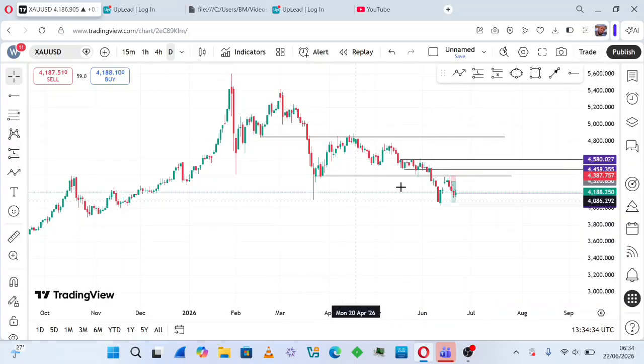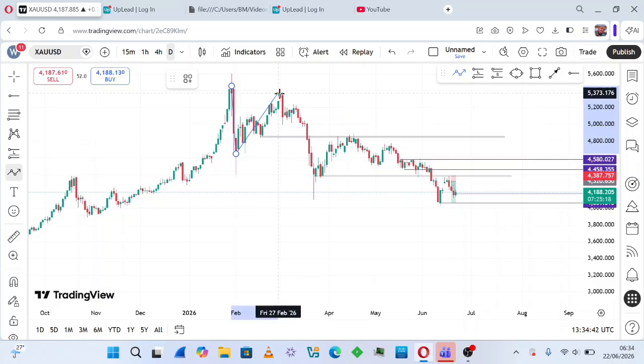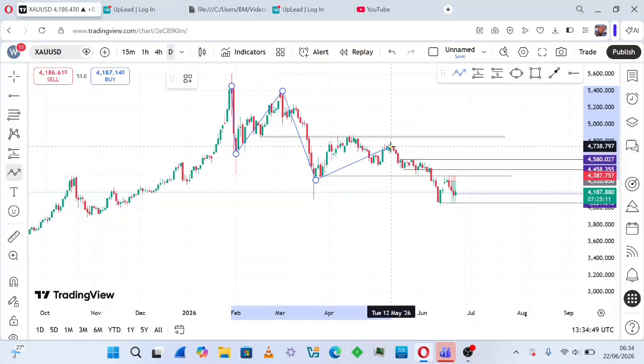Okay. Now, as you can see, this is a gold chart and this is a high, this is a low, a lower high, a lower low, then a lower high, a lower low.